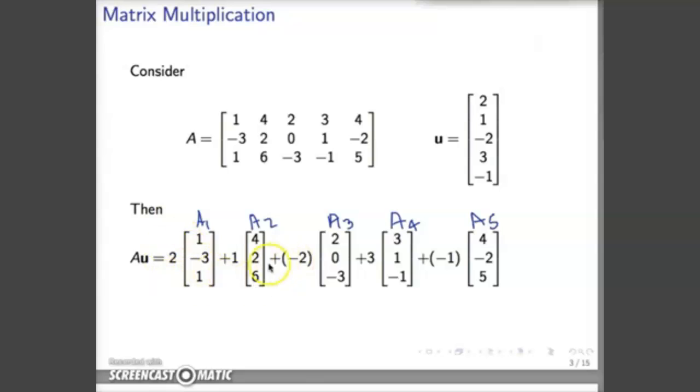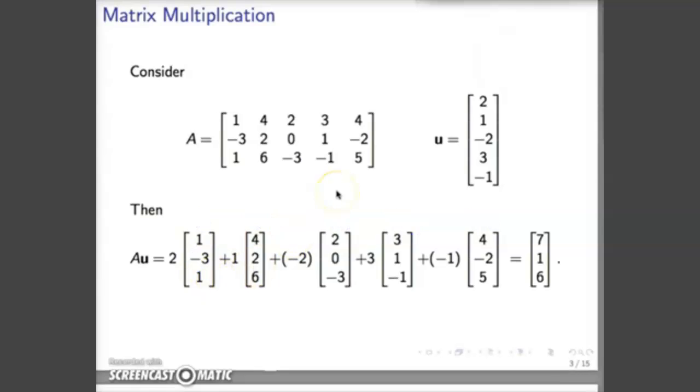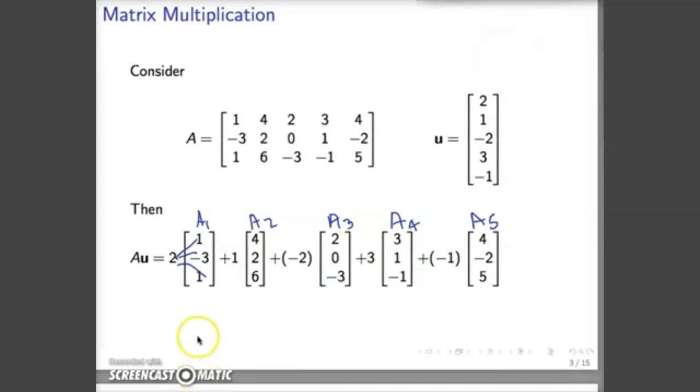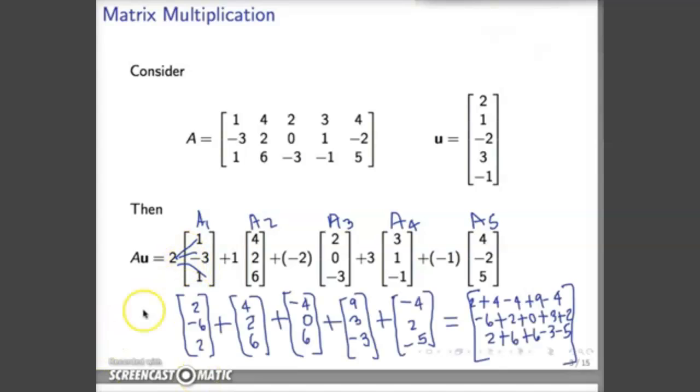Each of these terms is a scalar vector multiplication. So you carry out that calculation. This is a simple linear combination, right? So let's see the intermediate steps here. This linear combination becomes the following, right?